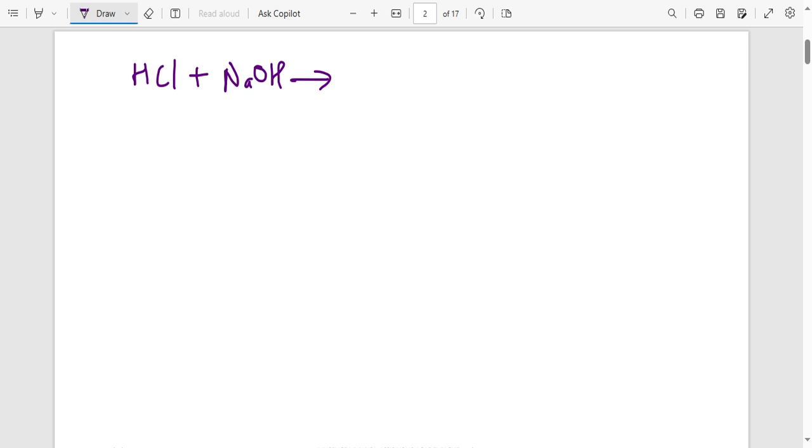Let someone tell me. Okay, sodium chloride plus water. Now in this reaction, water is a liquid and then sodium chloride is in aqueous. This is also in aqueous, meaning that they are dissolved in water.